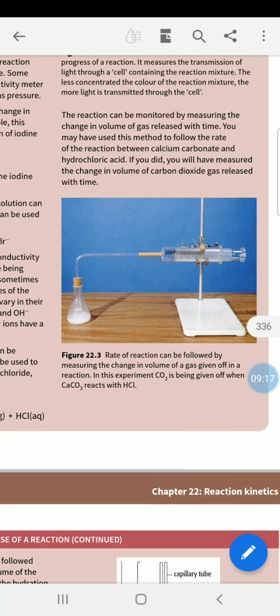Now here they have given a diagram in figure 22.3. So these simple apparatus can be used when calcium carbonate and HCl react together to produce carbon dioxide. These are practicals that you can do.